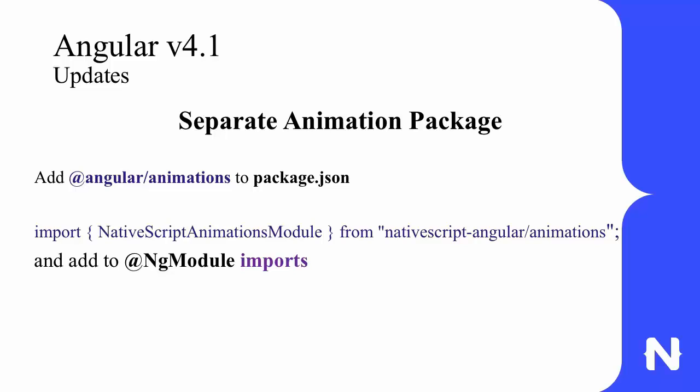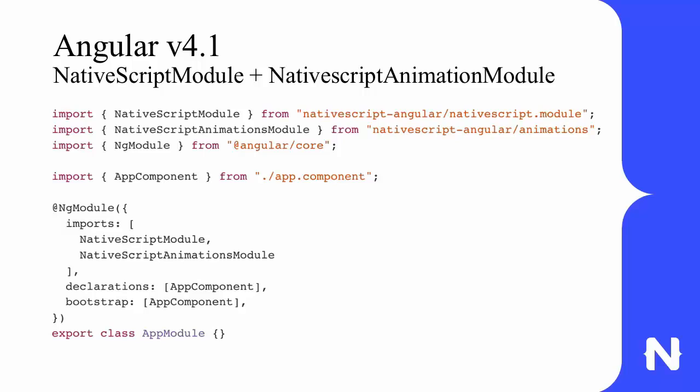So if you want to use animations, what you have to do is add @angular/animations to your package.json. And then for your ng module, you have to import the NativeScript animations module and then add it to the imports, which pretty much looks something like that. So here we have the NativeScript module and NativeScript animations module that we've imported, and then we added them to the ng module imports.